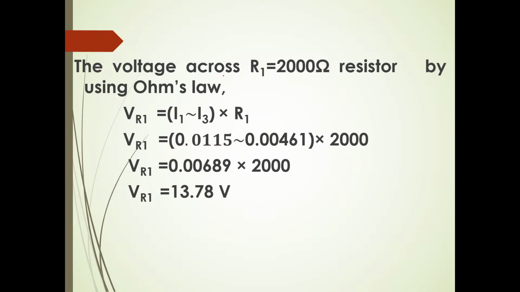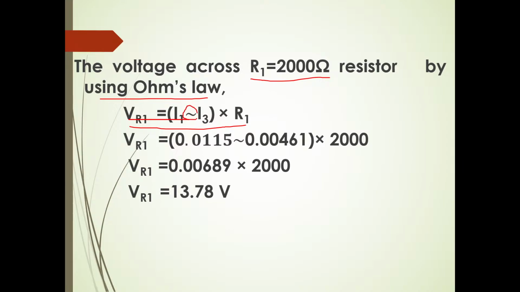What is the voltage across resistor R1, whose resistance value is 2000 ohms? Now by applying Ohm's law, the voltage across R1 is (I1 minus I3) or (I3 minus I1) into R1. That's why I have written this symbol of difference.